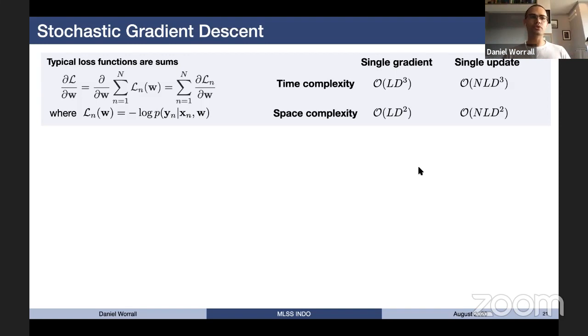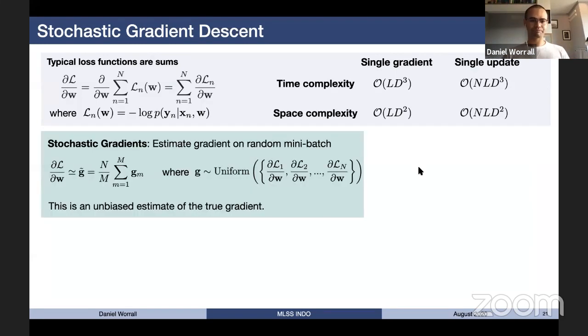So there's this thing called stochastic gradient descent, where instead of using all of my data, I take a random subset, what we call a mini batch. I've got all my gradients here, and I take a random subset, uniformly sampled. Some people don't usually use uniform, but it should be uniform.